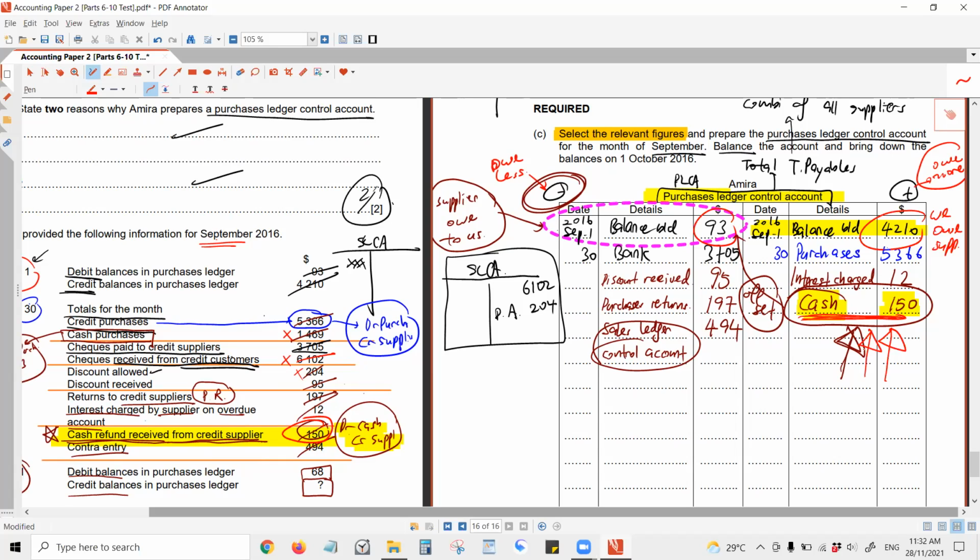Because you are receiving money from the supplier, and it's used to offset the 93, because the supplier owes us money, the $93. But I know the 150 is more. This is a mistake of the question. They should not use 150. It should be 93 or below. The question made a mistake here.